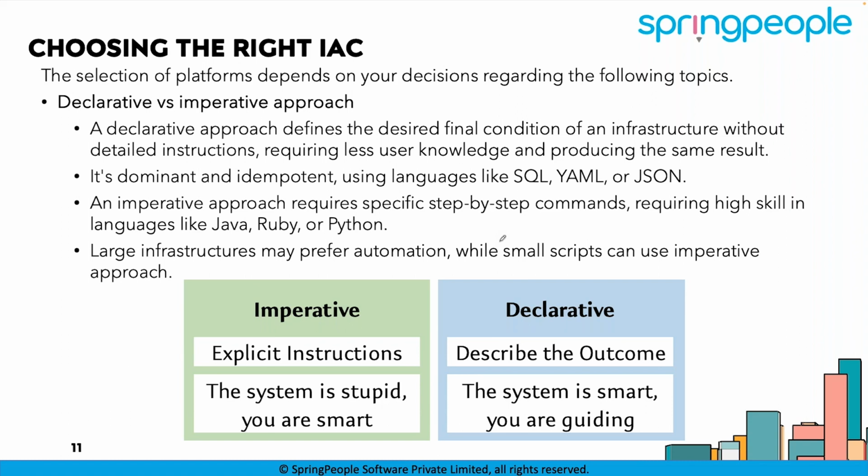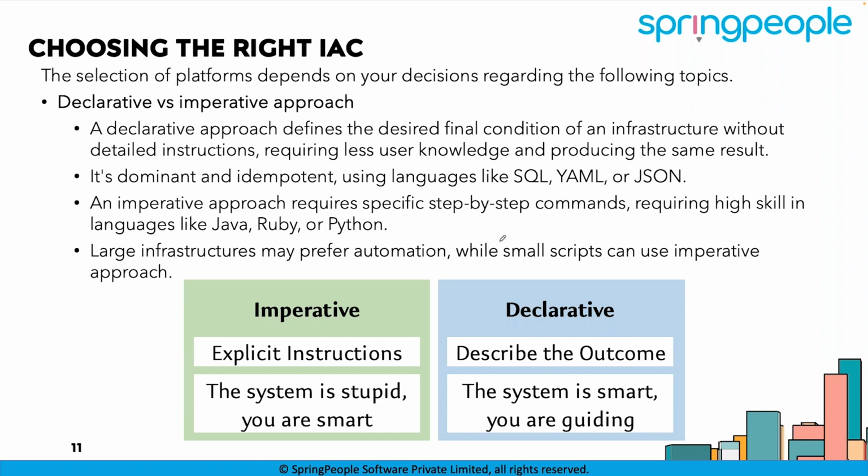One of the best possible things is that there is something called state, Terraform state. So idempotent understands what is the current state and also what needs to be done. If it finds the state is very much similar, it doesn't go and make any changes.